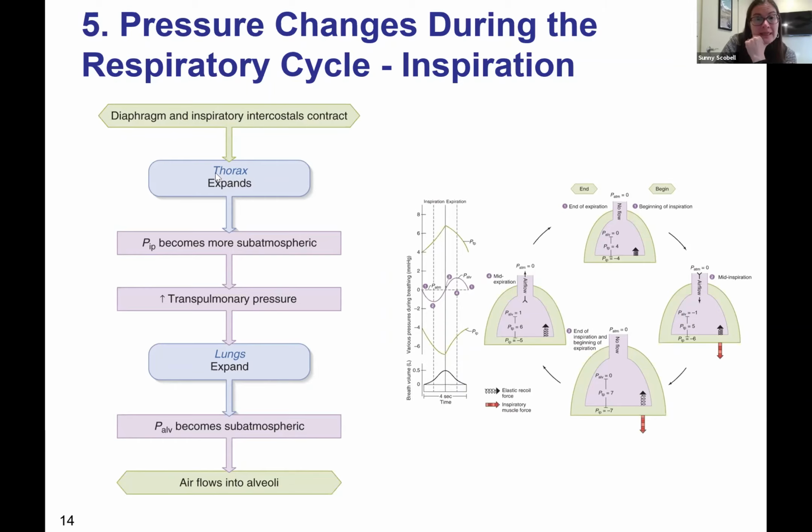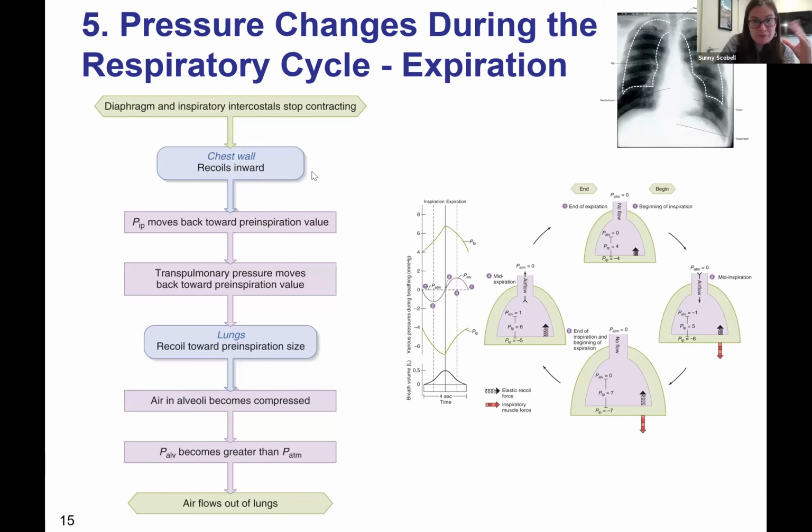All right. Let's talk about expiration. Expiration is the reverse, and the same principles apply, except here the driving force is the elastic recoil of the tissues of the lungs, because all you're doing with the diaphragm is relaxing it. All right, so everybody take a big breath in. You can feel that diaphragm come down as it contracts.